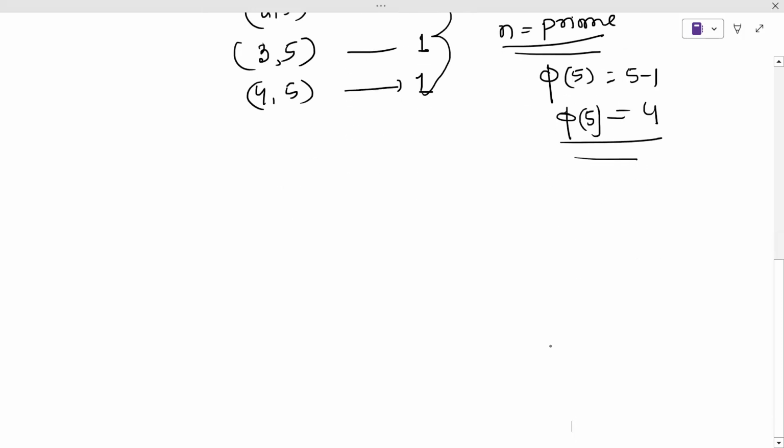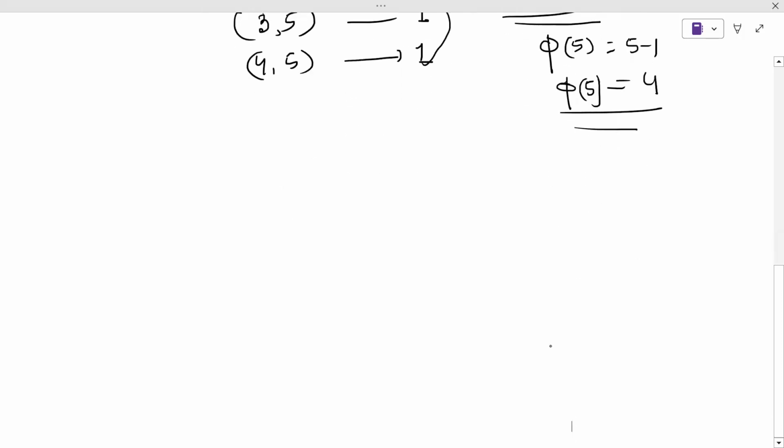Again, we come to another example, phi of 7. 7 is a prime number, so this is 7 minus 1, that is 6. Six numbers are present which are relatively prime.